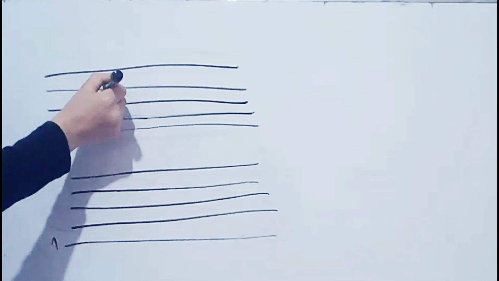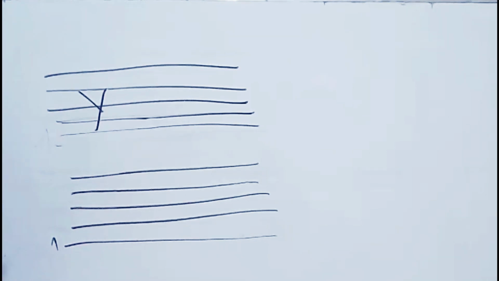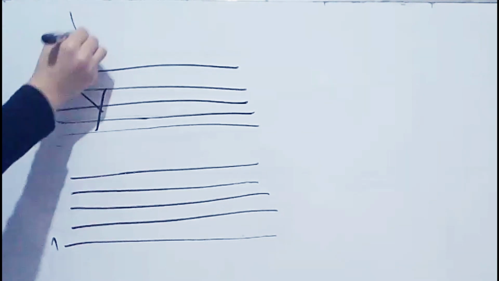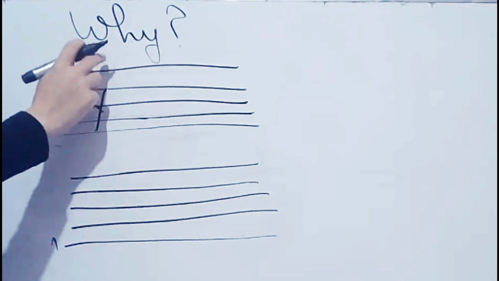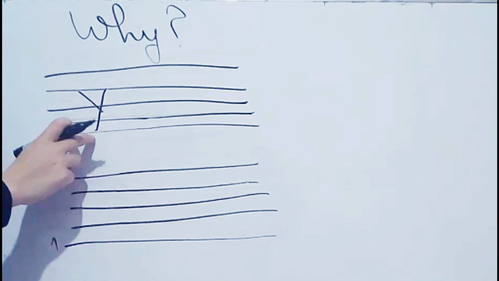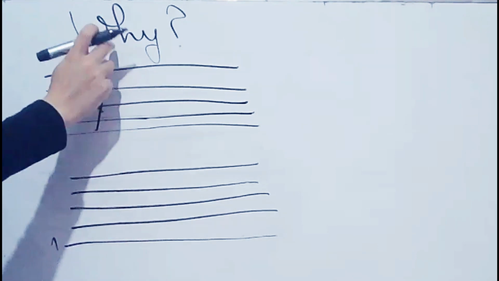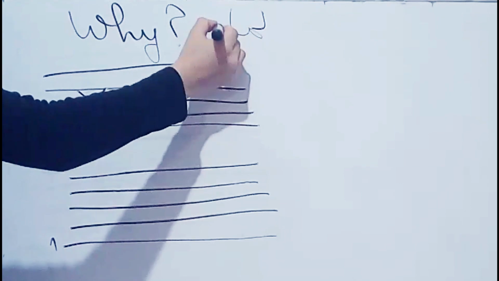Capital letter Y is like this. It seems like a word because in English we have a word Y. This is the word Y, and it's a question. And this is the letter Y, okay? Y is in Arabic لماذا, okay? Why?